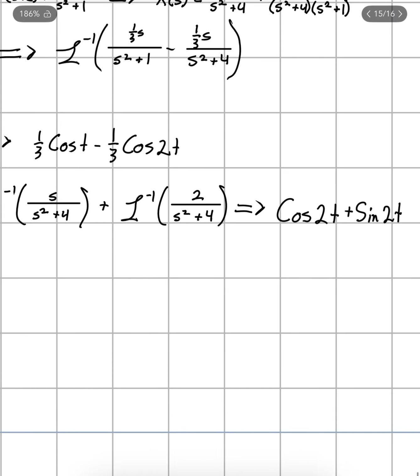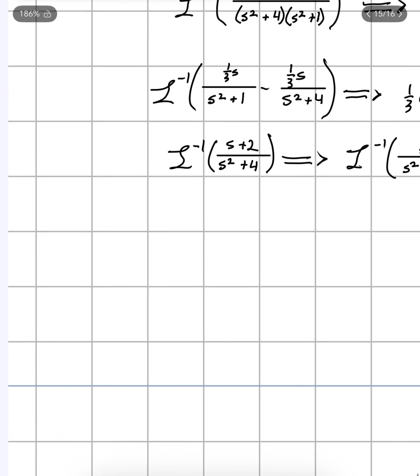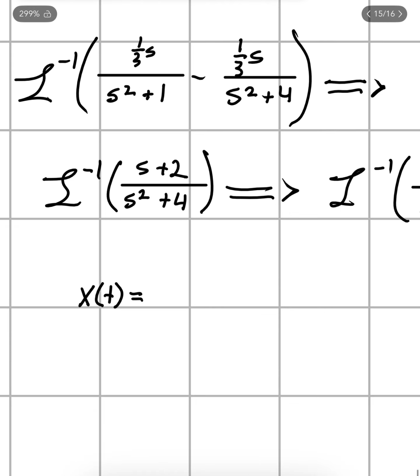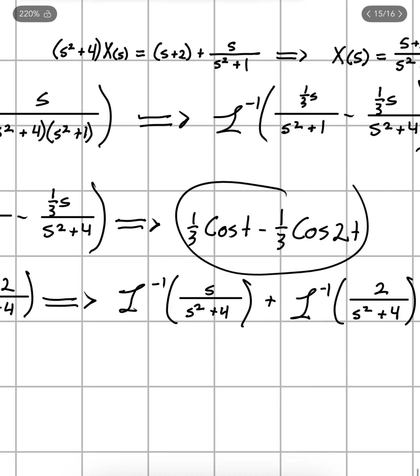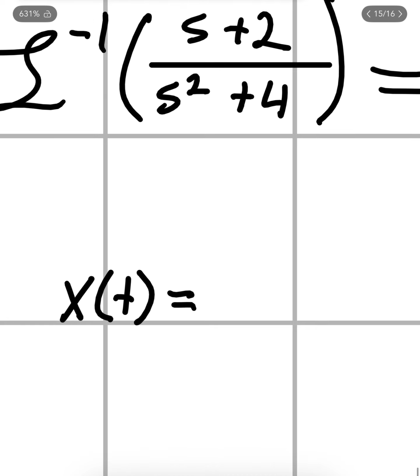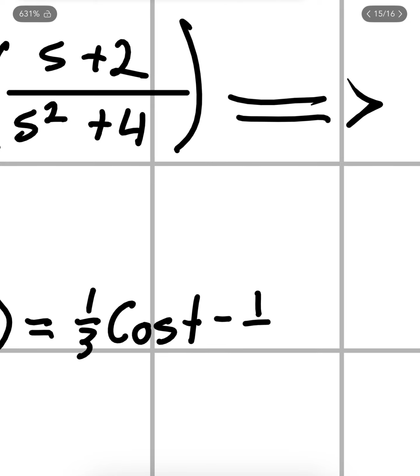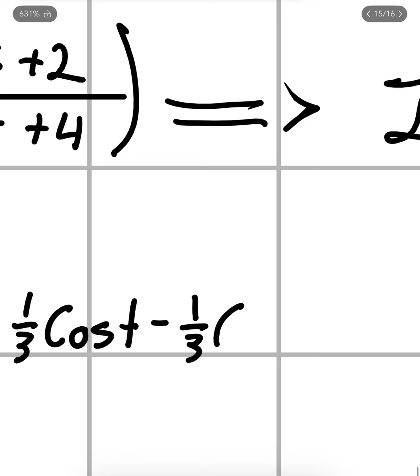Now we can plug this all into our final equation, which is x of t equals our equation that we got earlier, 1/3 cosine of t minus 1/3 cosine of 2t.